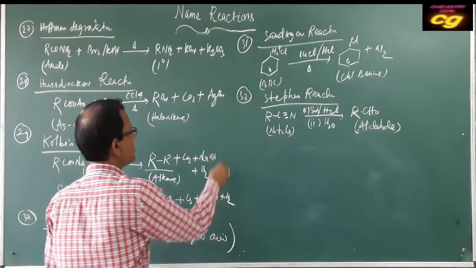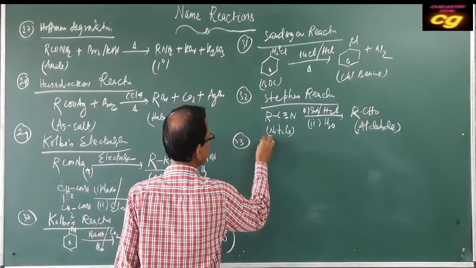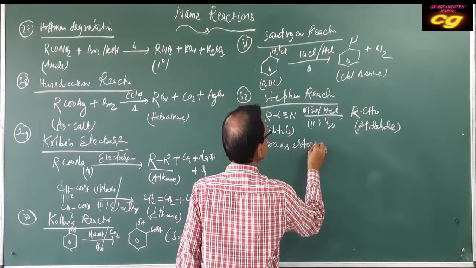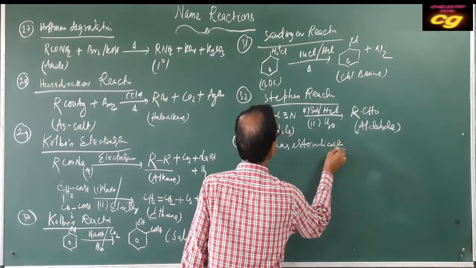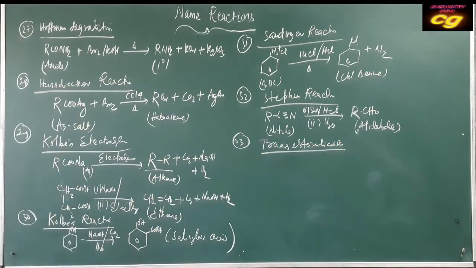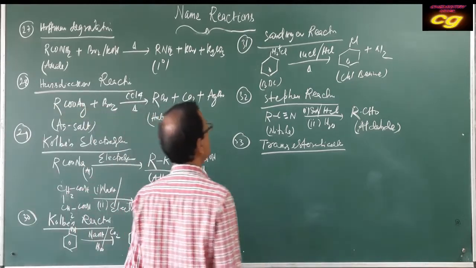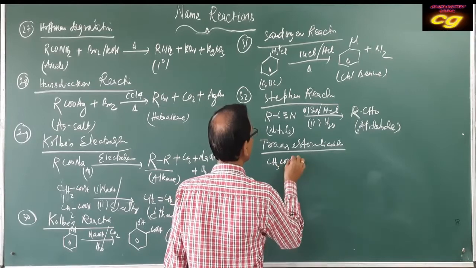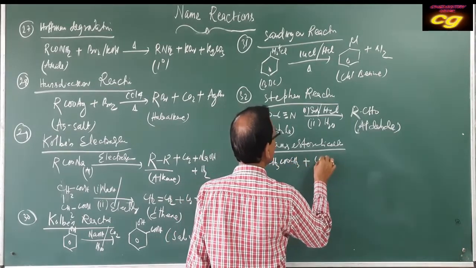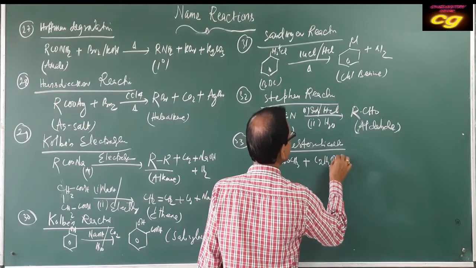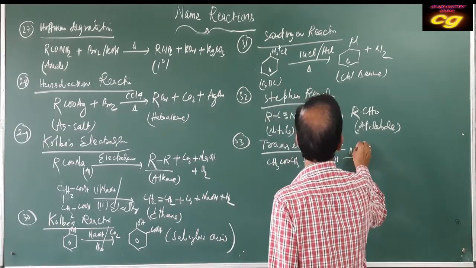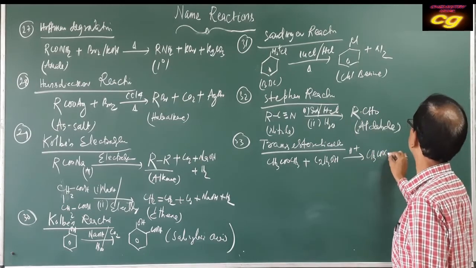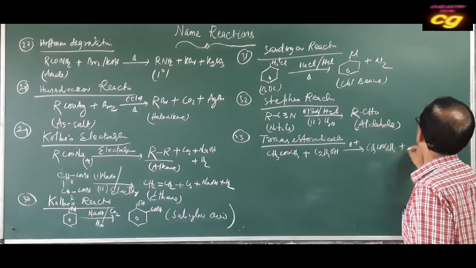Then trans-esterification. In trans-esterification, what happens? If you take an ester, one ester when treated with alcohol in the presence of acid, produces a new ester and a new alcohol.